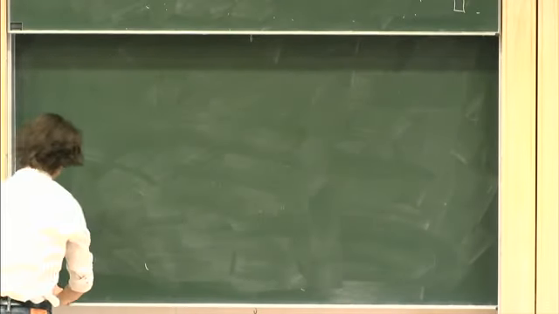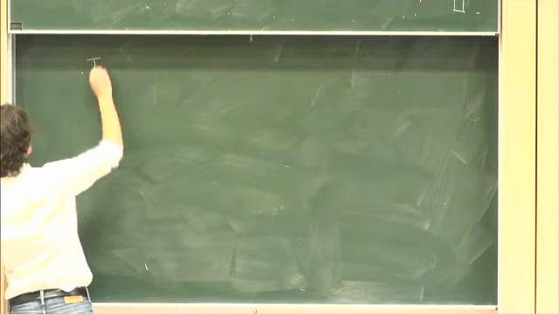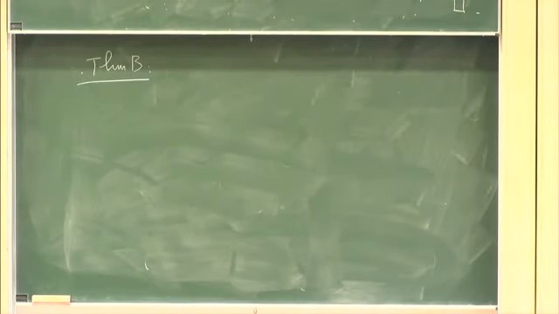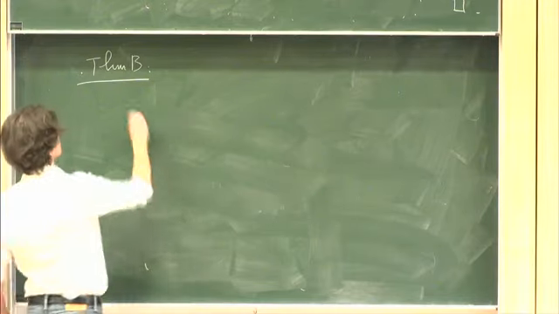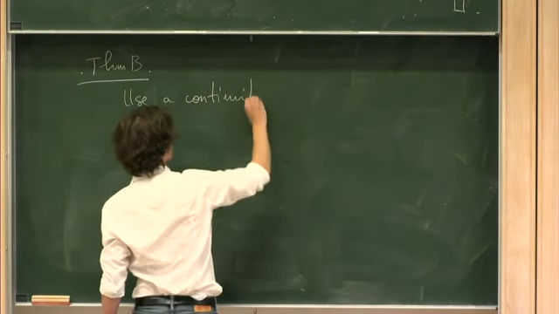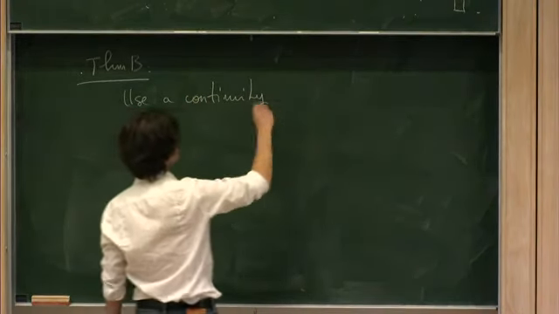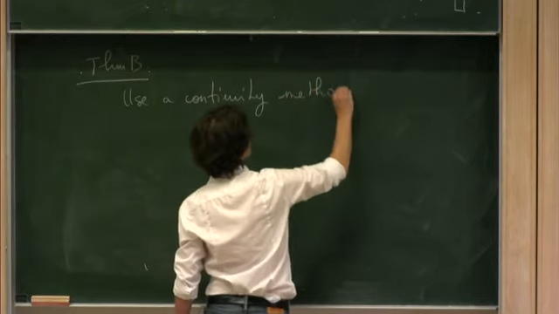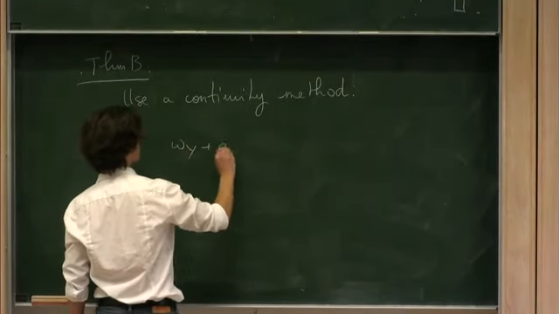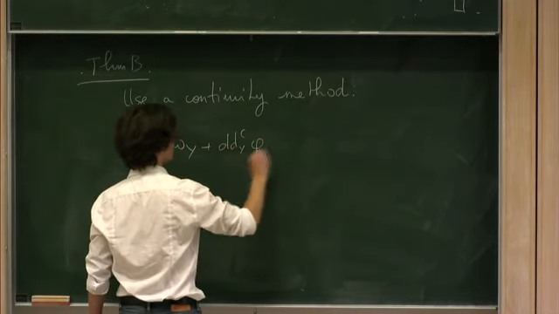And so now a few words on theorem B. The classical method to solve this Monge-Ampère equation is to use the continuity method. This goes back to Calabi, the idea of such a method, in the 50s. Recall that the equation was this.